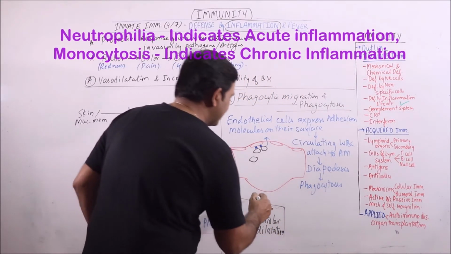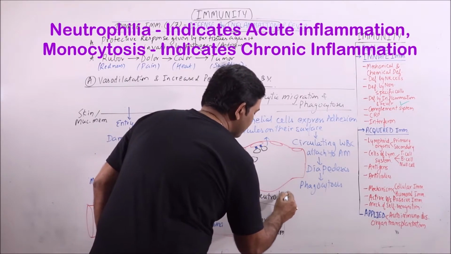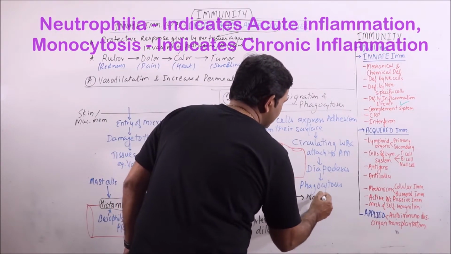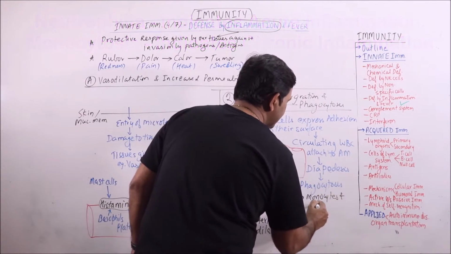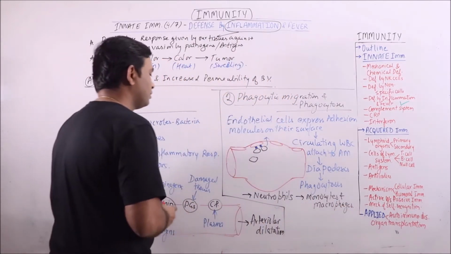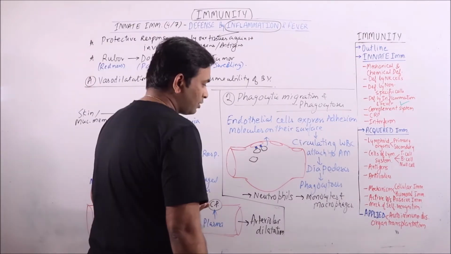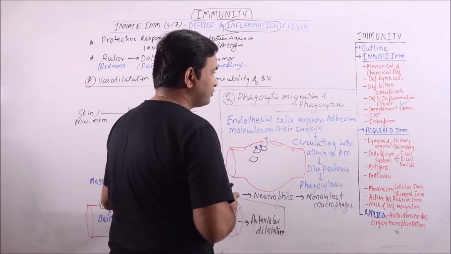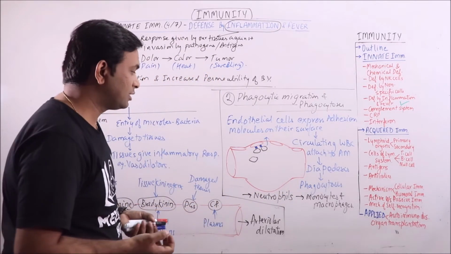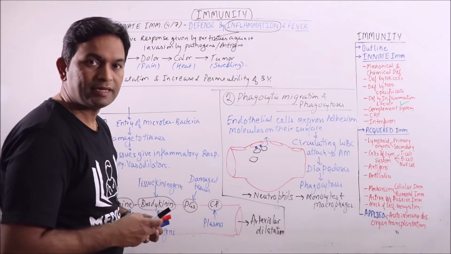It's important to note that the first cells to come to the site of infection are neutrophils, followed by monocytes and macrophages. So this is the phagocytic migration and phagocytosis. We know how the phagocytosis is performed: the endosome is formed, it is merged with the lysosome and then finally digested and ingested.